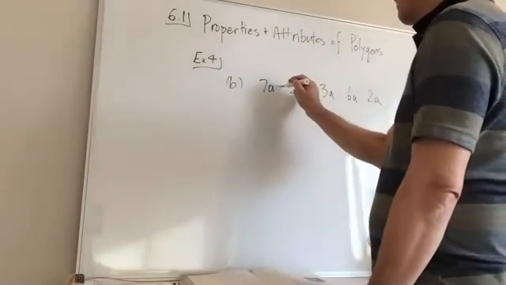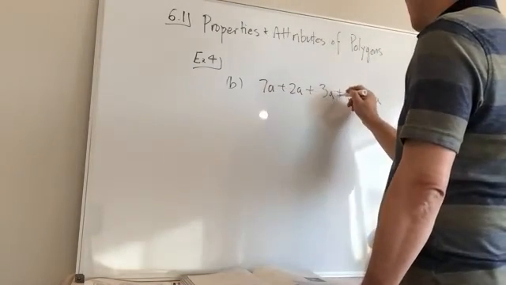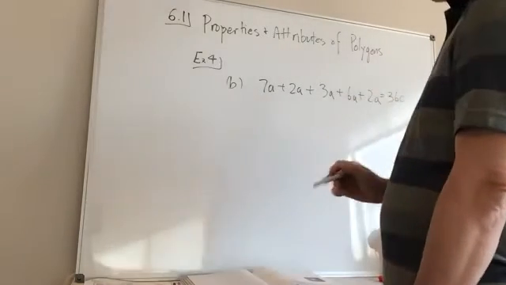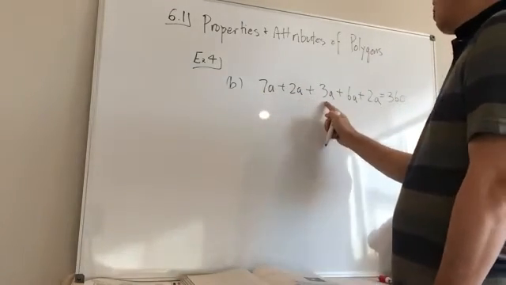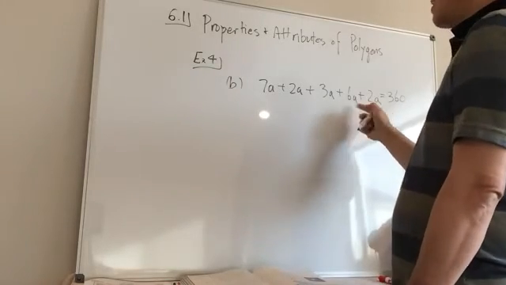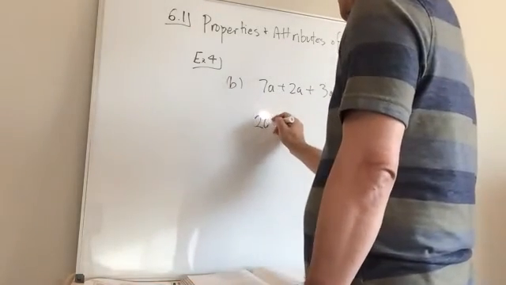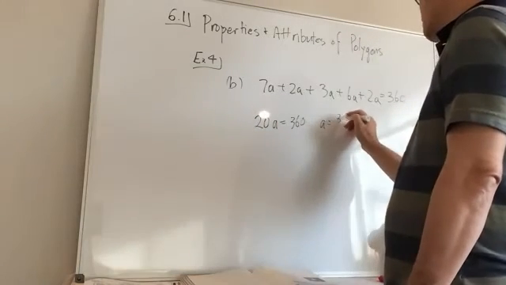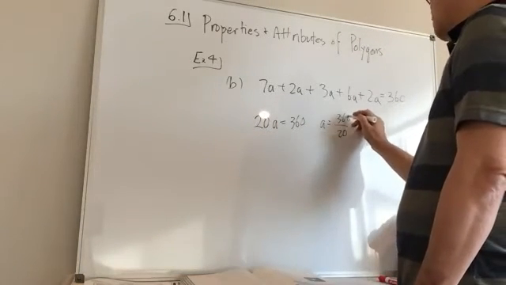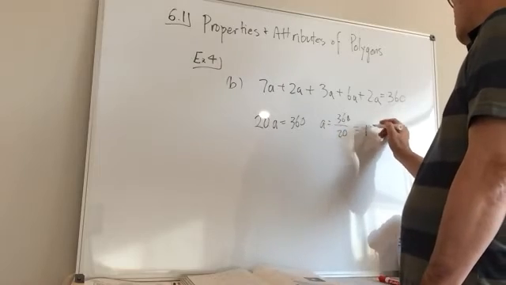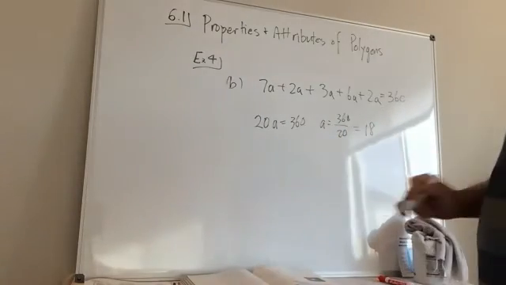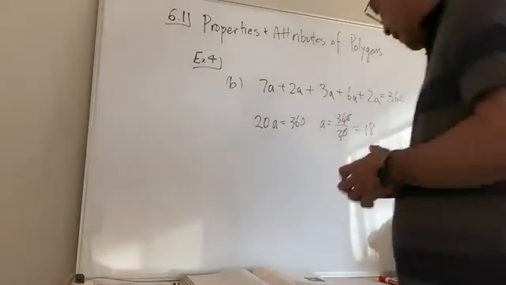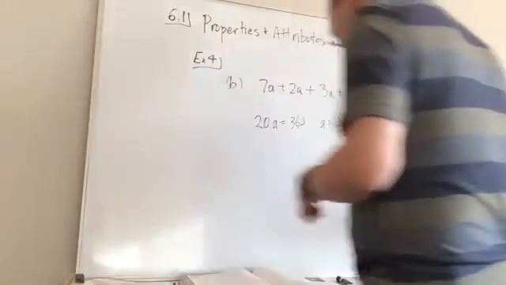So when I add these all together, I should get what? I should get 360, right? So 7, that's 9, 12, plus 8, so that's 20. I get 20A is equal to 360. A is equal to 360 divided by 20, which will be 18, right? The 0s cancel out. 36 divided by 2 is 18. So the value of A is 18.